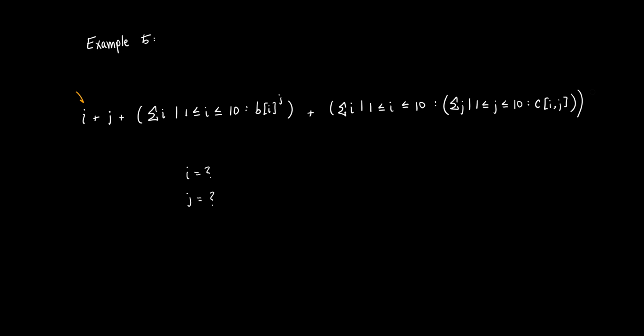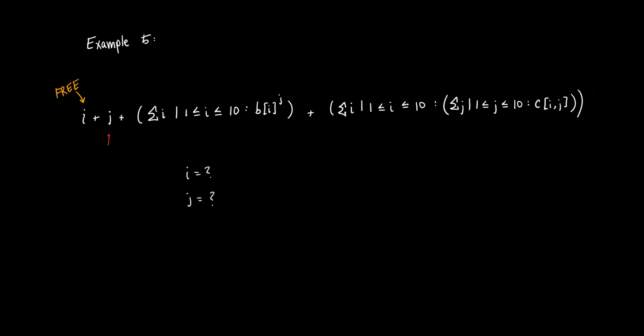Let's start by taking a look at this i over here. We can ask ourselves, based on our set of rules from before, is this within a quantification? And the answer is immediately no. This i isn't bound within a quantification. It doesn't appear next to any quantifiers, and so we can say that this occurrence of i is free. So this specific occurrence of i is free.